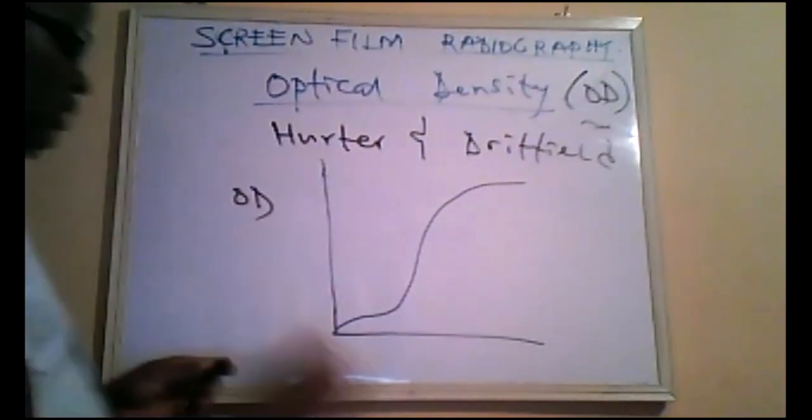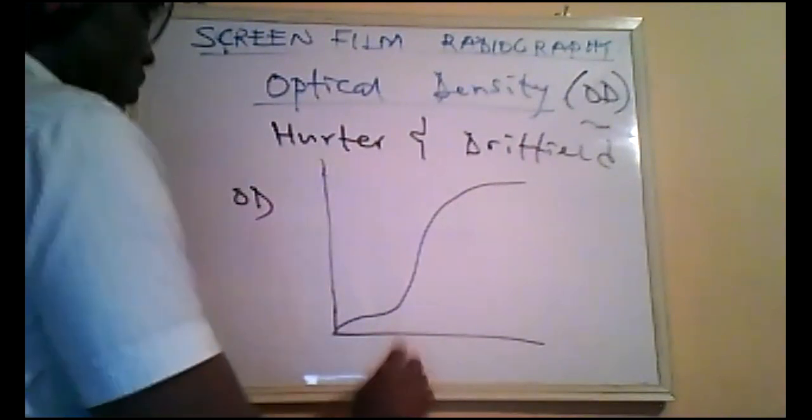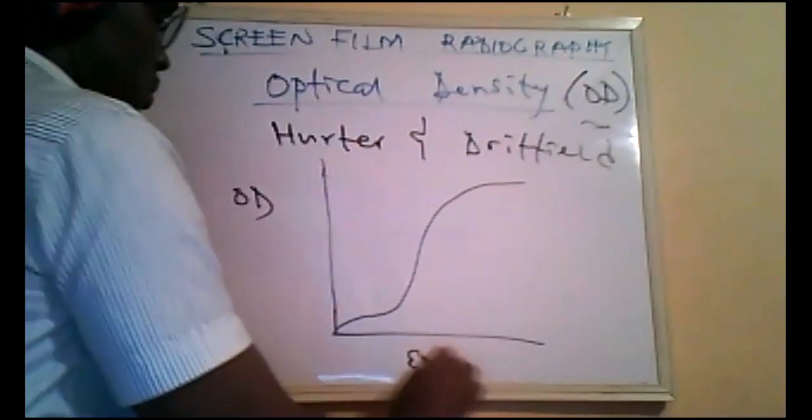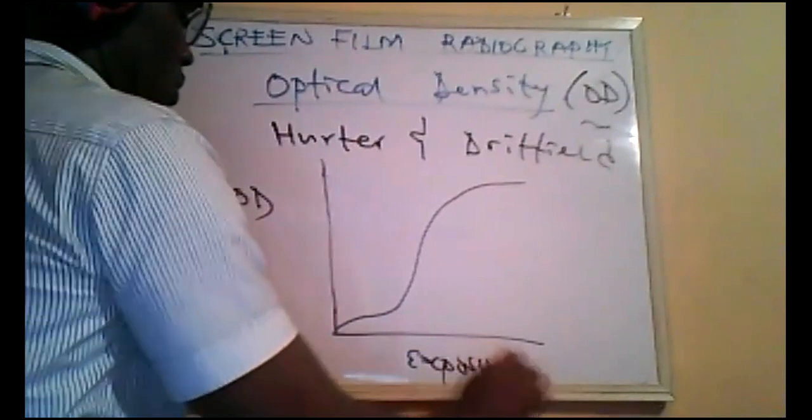This is optical density, whereas this is exposure.